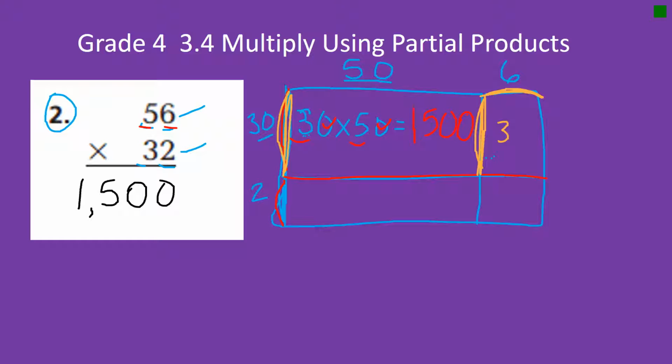So this section is 30 rows of 6. 3 times 6 is 18, and kaboom, there's a 0, there's a 0. So our second partial product is 180.